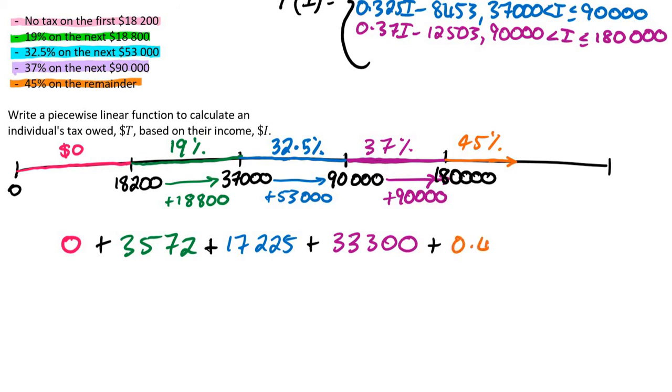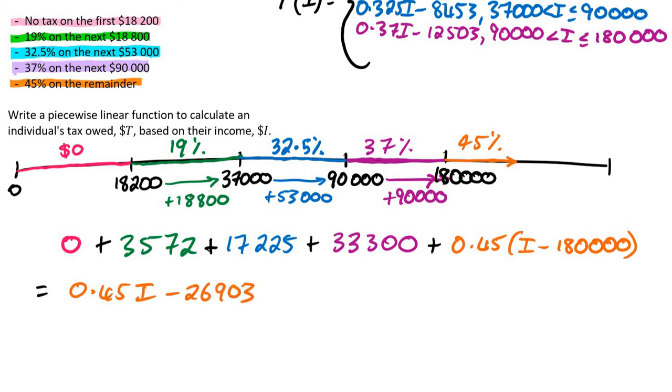So that's going to be 0.45 times the amount over 180,000. If we tidy all of that up in one go, we get 0.45i minus 26,903. And that's the final part of our piecewise function, for i greater than 180,000.